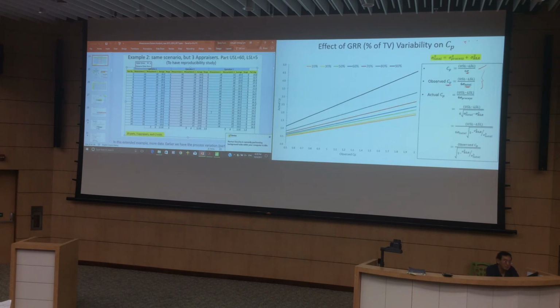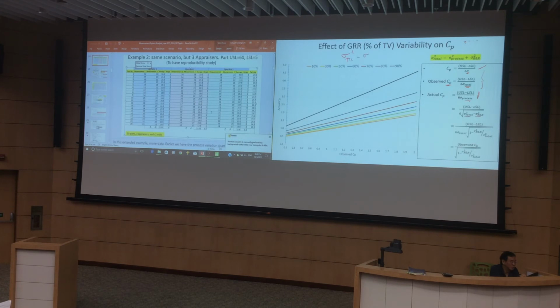So the actual CP is equal to this equation: upper spec minus lower spec over 6 sigma of the process itself, right? And then we just expand on this one. The process itself we assume is equal to sigma square total minus sigma square R and R. Remember this equation, right?